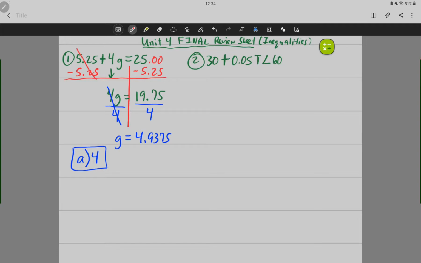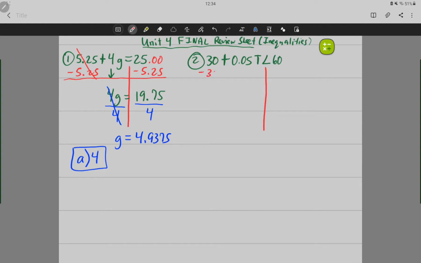There's no equal sign here, but we treat the inequality symbol as the equal sign. All right, so the left side, we want to get the variable t by itself, but looking at it, we have the constant positive 30. So use your inverse operation here. Opposite of positive 30 is negative 30.